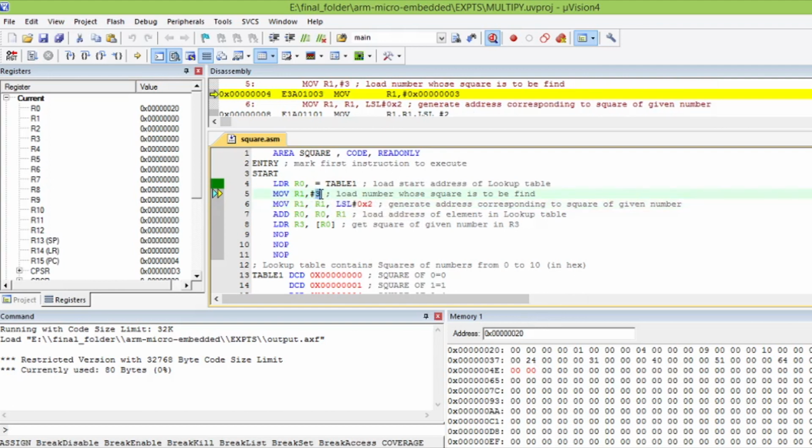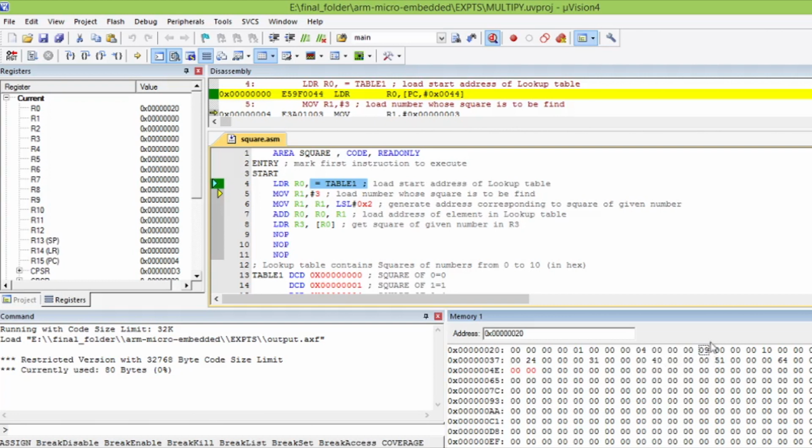Let's consider the first case 3. 3 into 4 is nothing but 12. So when you multiply by 4, that answer 12 is added with the initial address. Initial address is this value, that points at the first location. What will happen if we add 12? 1, 2, 3, 4, 5, 6, 7, 8, 9, 10, 11, 12.